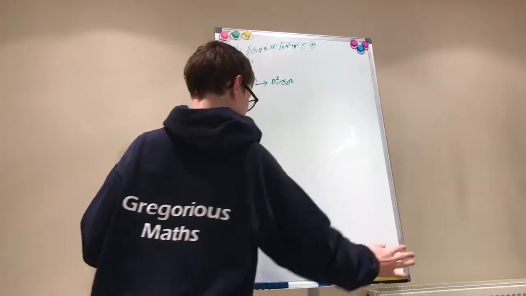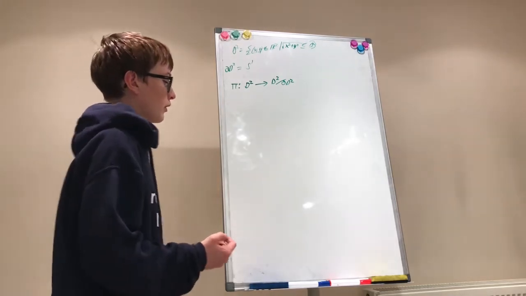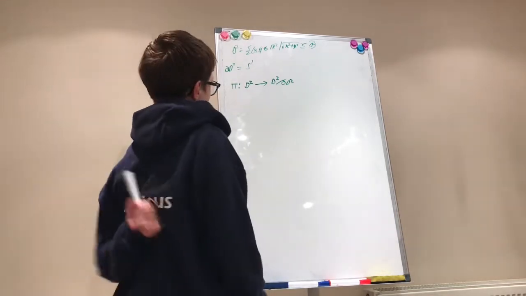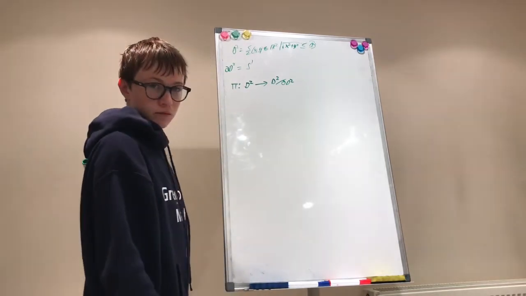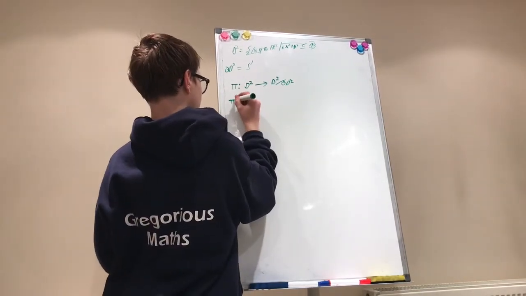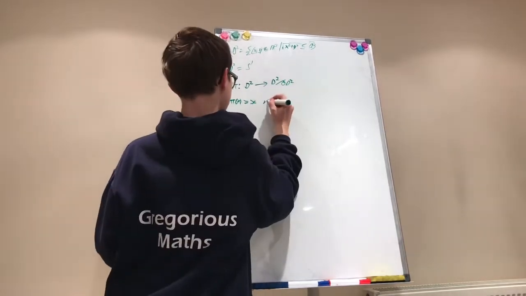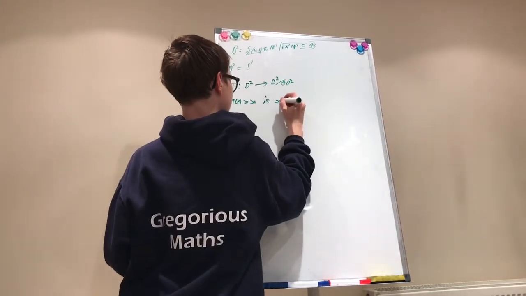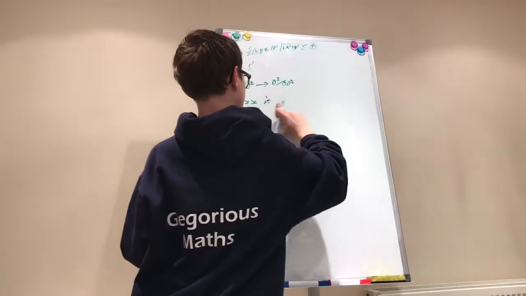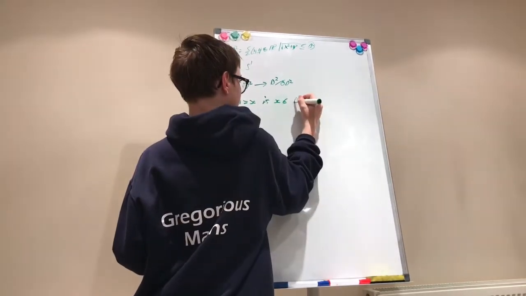So the function from the 2-disk to the 2-disk mod the boundary is defined as follows: pi of x equals x if x is in the complement of the boundary.